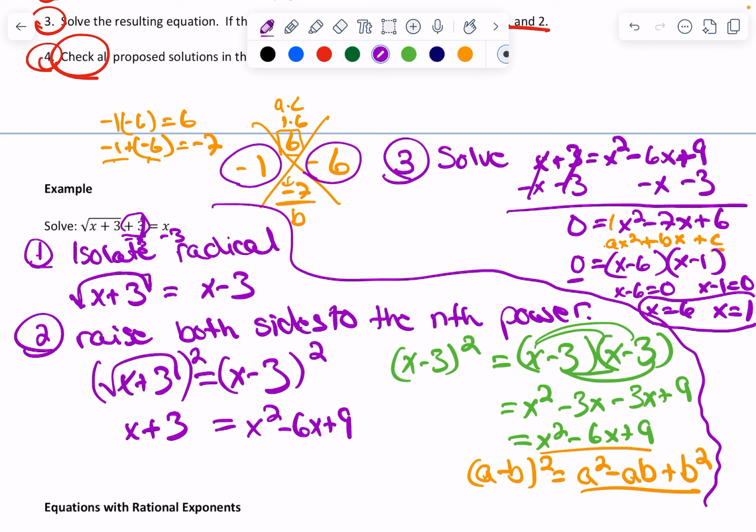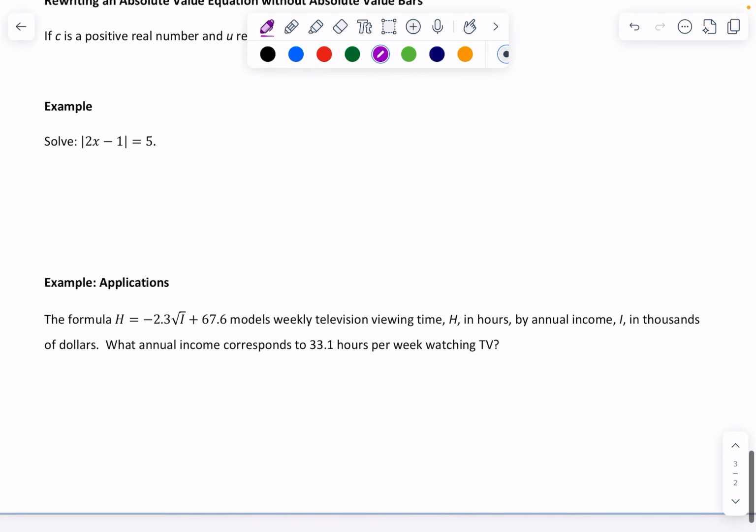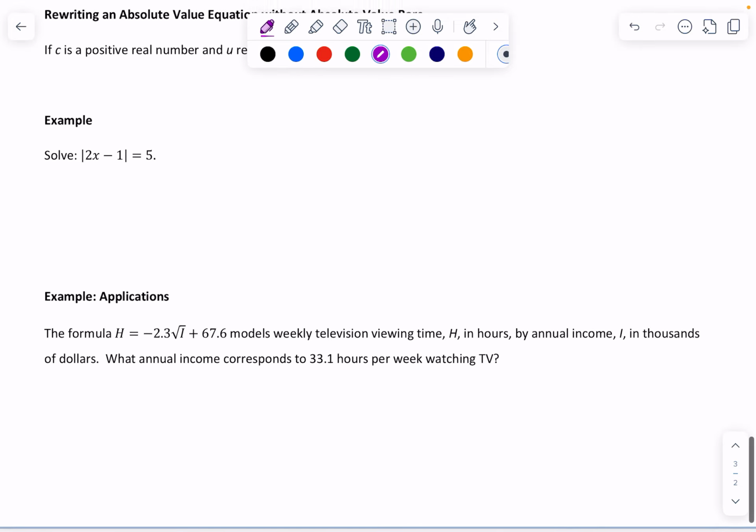Now, what we want to do is go ahead and check. When we're checking, we're taking the original equation and making sure that everything works. I was going to check on additional paper, but why do I not have an extra paper here?